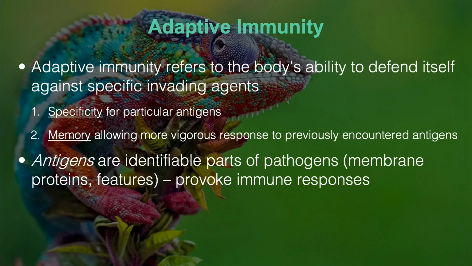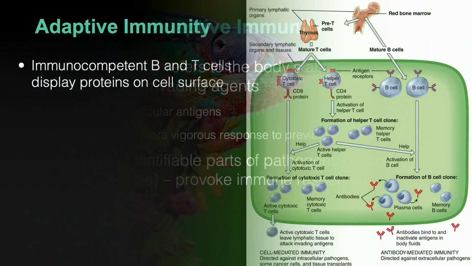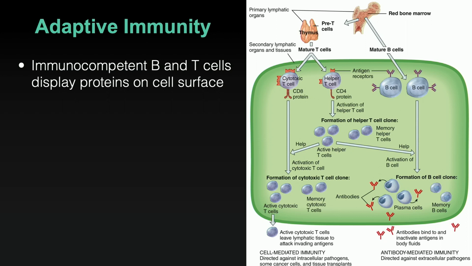So how does the body respond to invading pathogens that display these antigens? Here, B and T cells are the stars. They're the stars of the adaptive immune system.